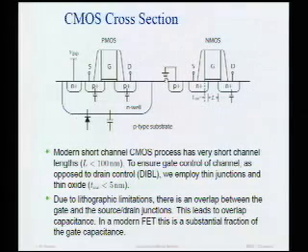I think I only have one gate, but in fact you always have two gates. The gate is not the only boss. If I change the body potential, I can also change the threshold of my device, and so if the body voltage changes, that means that the current will change. And that's important, for instance, for a PMOS device here, because a PMOS device, I have to put it into a well, and I put the well at some fixed potential, but as we'll see in multi-stage amplifiers, a lot of times it's not very easy.